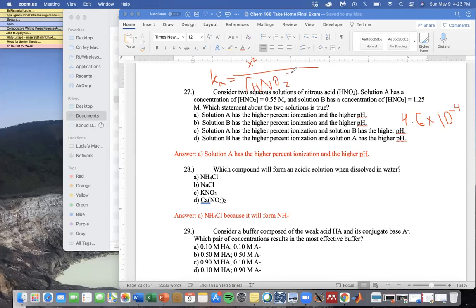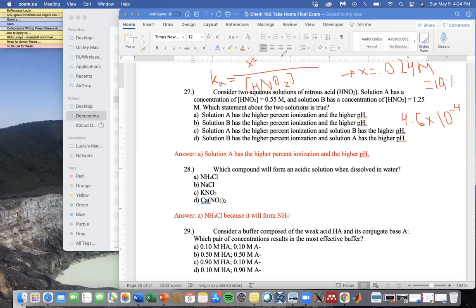And so if you do 4.6 times 10 to the negative 4 times 1.25, and then you square root it, you would get x equals 0.024 molar. And so your percent ionization would be 0.024 divided by 1.25, times 100%, and you get 1.9%.